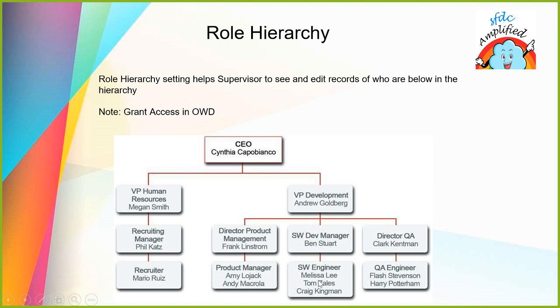Frank will not be able to access the records of Melissa Lee or Ben Stewart, who are of different roles and not under his role hierarchy. That's how it works, and the same structure follows in Salesforce.